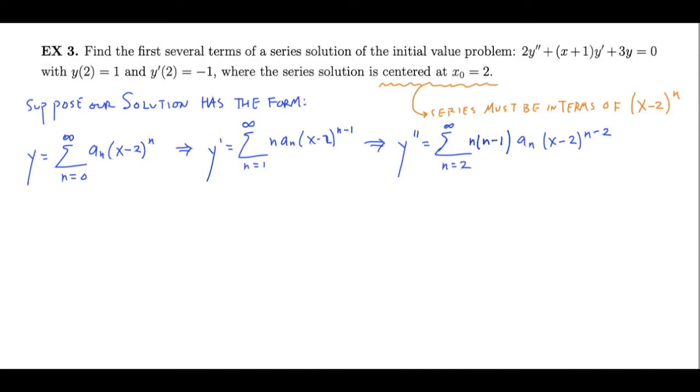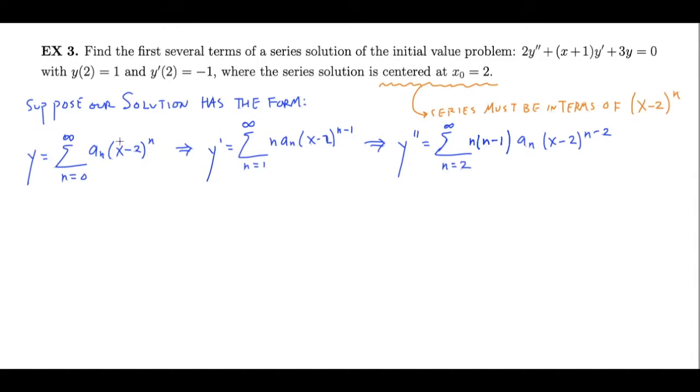First, note that we're told that the center of our series solution must be x equals 2. This implies that instead of simply having x to the n terms in the series, I'll now have x minus 2 to the n terms. Based on that detail, I've assumed my solution will have this structure here, and then as I work through the derivatives, fortunately, if you think about taking the derivative of a term of this form, you'll still simply have n times that term to the n minus 1.